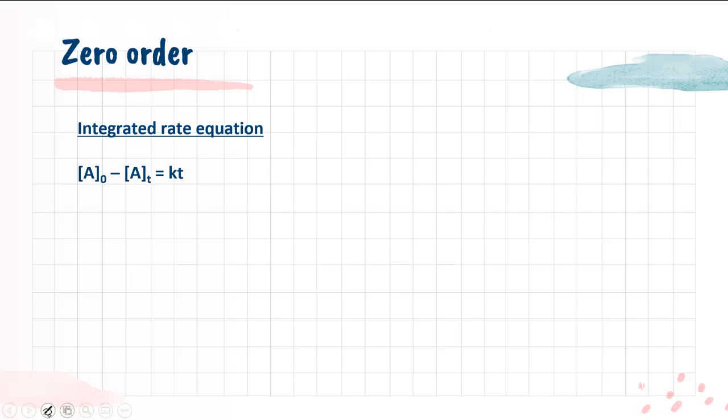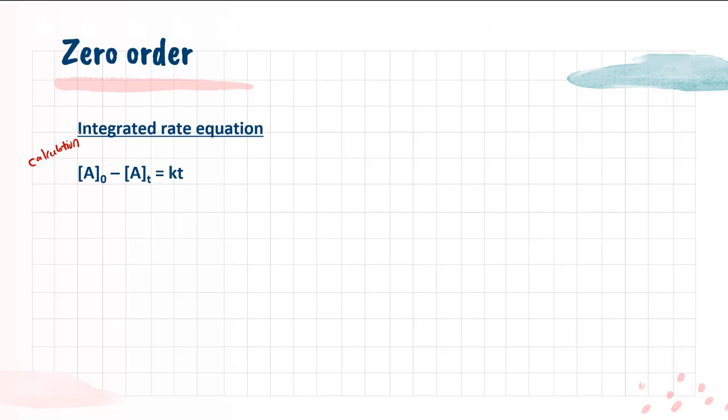We have the concentration of A at initial, where the 0 means when time equals 0, minus the concentration after a certain time, which is the concentration at time t, equals kt. K is the rate constant, t is the time. We are going to use this integrated rate equation for most of our calculations. We'll show it in the example questions later on.